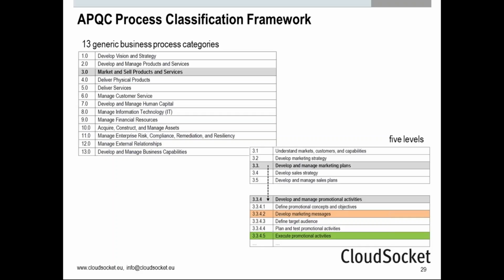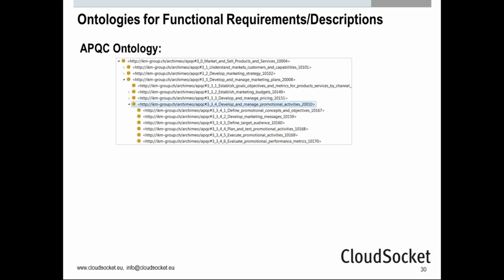So when we want to add the value to the requirement specification, we go into the ontology and go down, and the possible values can be selected from the values defined in the APQC ontology. So the user does not have to remember the different categories, but can always look them up in the ontology.